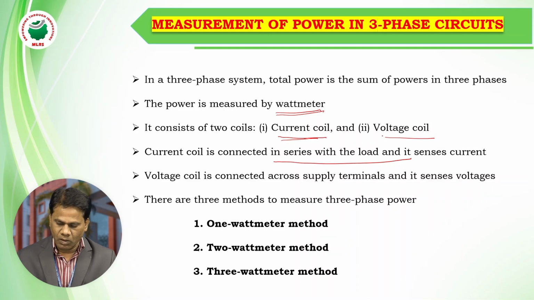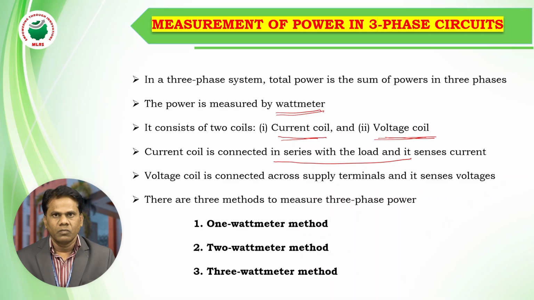Whereas the pressure coil or voltage coil of a wattmeter is connected across the lines of the load, across the supply terminals or any two lines, to sense the voltage. The current coil senses the current and is connected in series with the load, whereas the voltage coil or pressure coil is connected across the supply to sense the voltage.